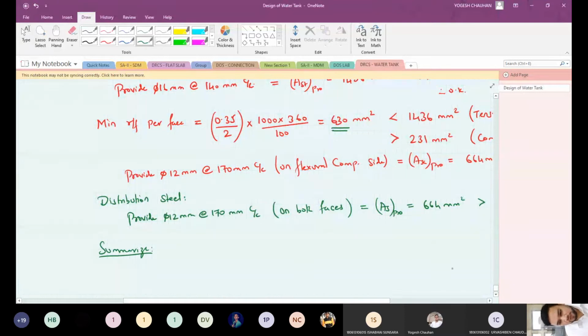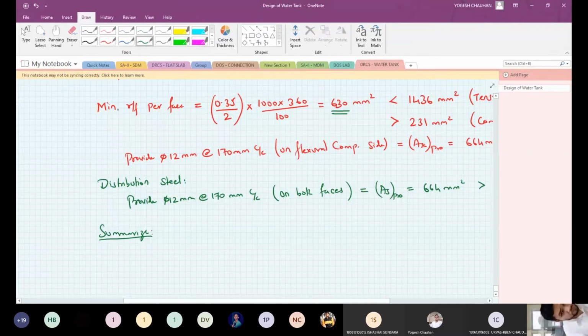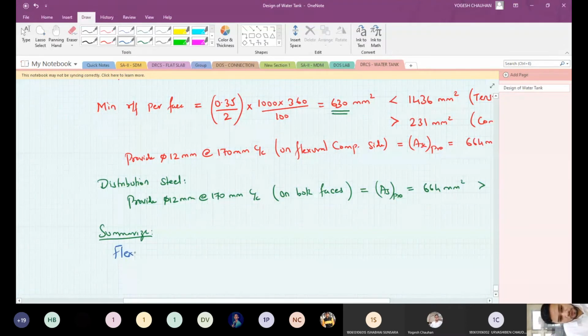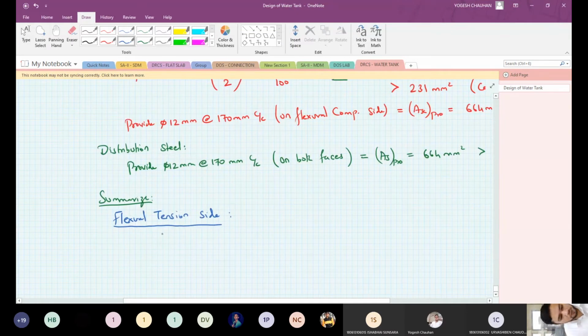Let us summarize the steel provided. On the flexural tension side, the amount of steel provided is 16 mm at the rate of 140 center to center.